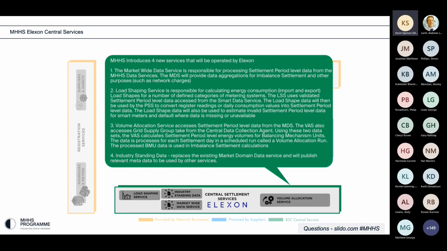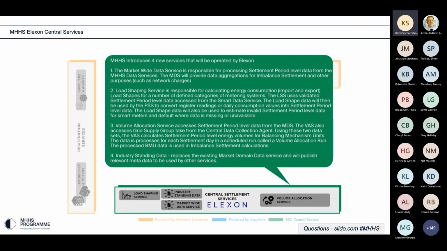But before we do that, we need to talk about the load shaping service. So the load shaping service is effectively what will replace the old profiling arrangements. It will be receiving all the actual data on nearly day +1, certainly from the smart metering systems, and it will calculate, according to a set of categories, load shapes by simply averaging that data which it has received.